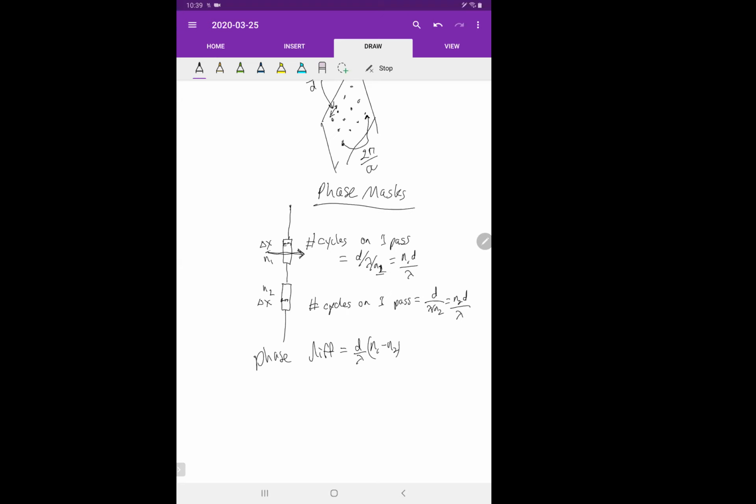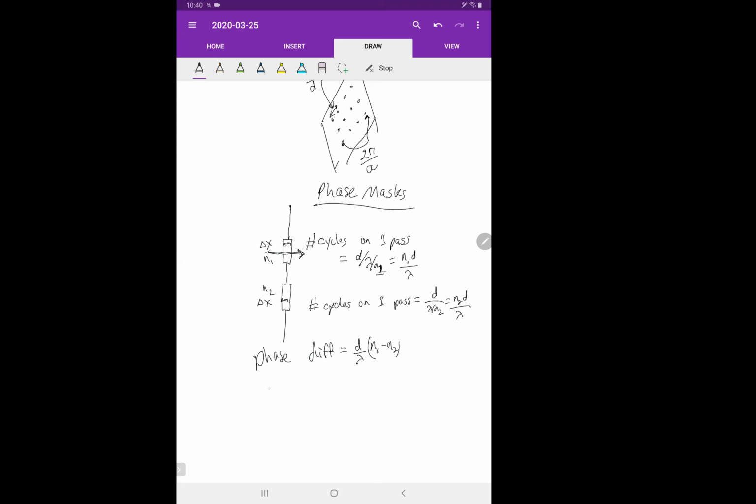Everything we've done before applies. But if the phase difference was non-zero because we applied a different voltage down here and up here, then we have a phase difference. Now we've just adjusted the phase between those, and so now we've adjusted our diffraction pattern.